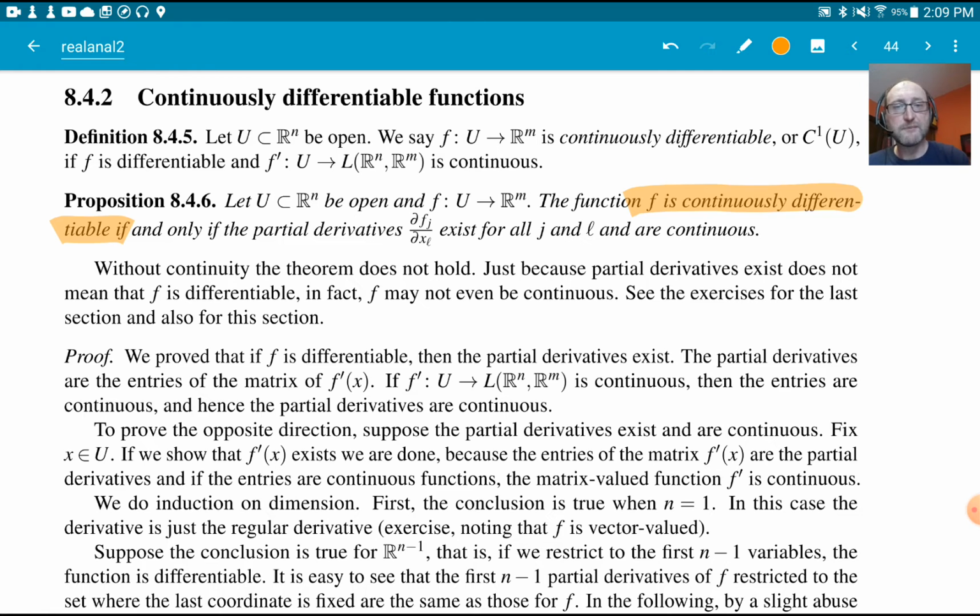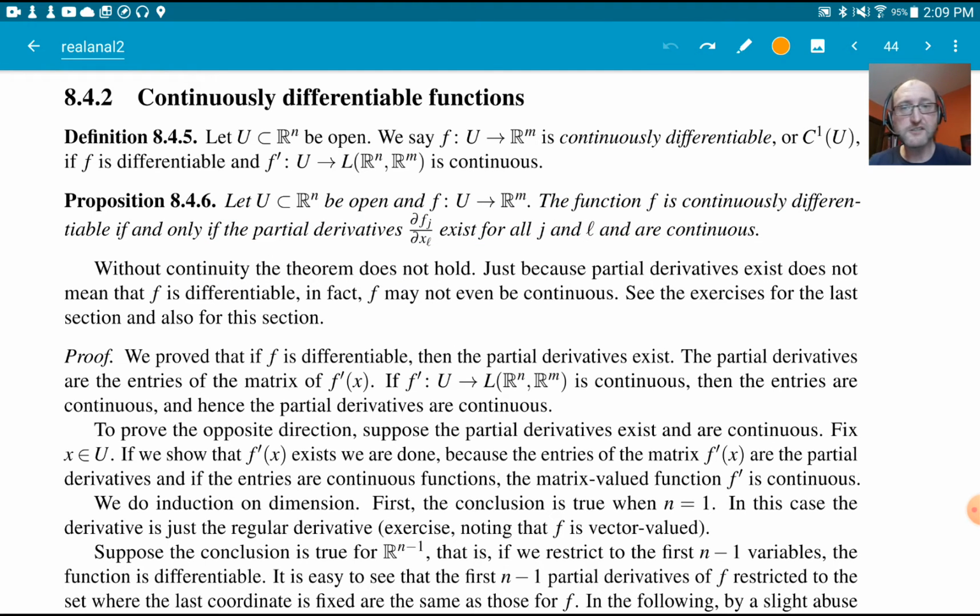So that means that we have that all of these things exist. Now, if this is also continuous, then as I just said, that means that the coefficients of this matrix are continuous functions. And the coefficients of that matrix are precisely the partial derivatives. So we have this direction, this implies this. That's what we have so far.